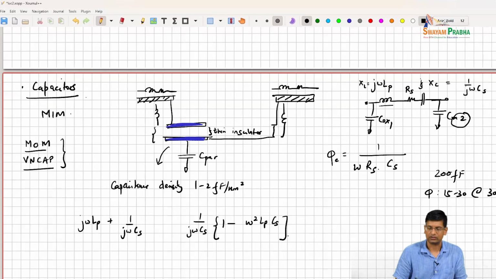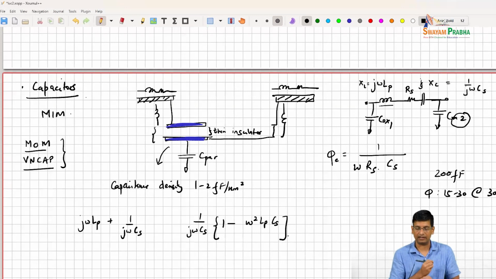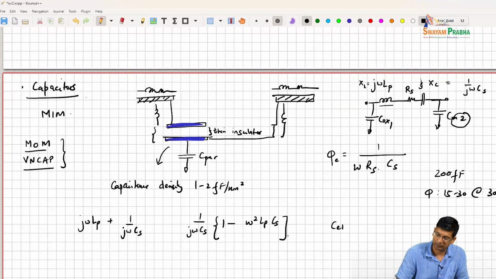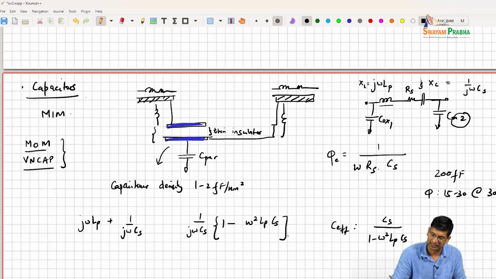So this again creates the situation where my C effective is Cs divided by 1 minus omega squared LP Cs.